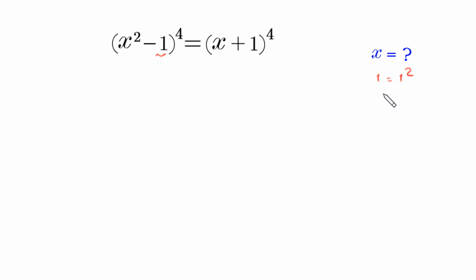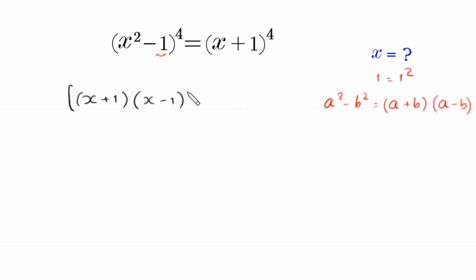By using this algebraic identity, a squared minus b squared is equal to a plus b times a minus b, this x squared minus 1 squared will become x plus 1 times x minus 1, whole to the power 4, is equal to x plus 1 whole to the power 4.